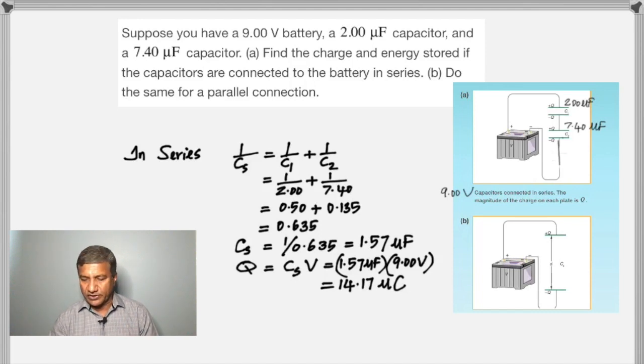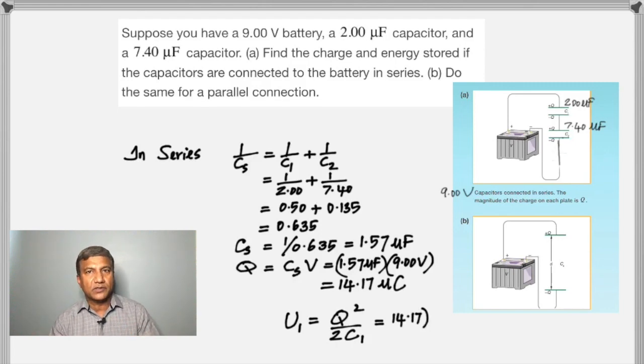And then you got to find the energy, and to find the energy of a capacitor, the formula is 1/2 times C times V squared. There are 3 formulas, but you have to use the correct one. In this case, the correct one is going to be the one involving charge and capacitance. Why?